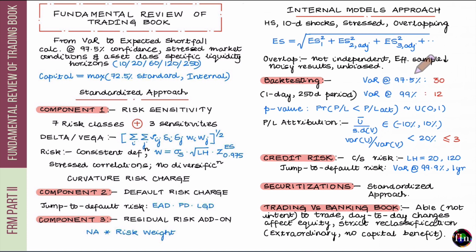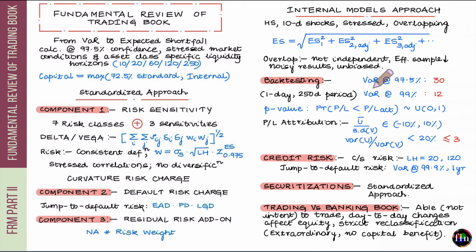Okay, so if these conditions are not satisfied, which means that the number of exceptions in either case is greater than the specified limits, the bank will have to switch back to using purely the standardized approach.